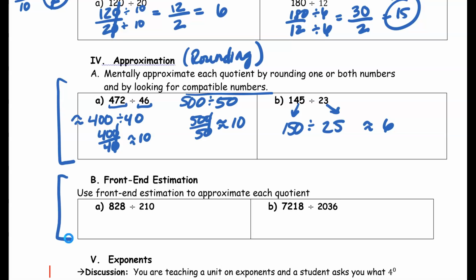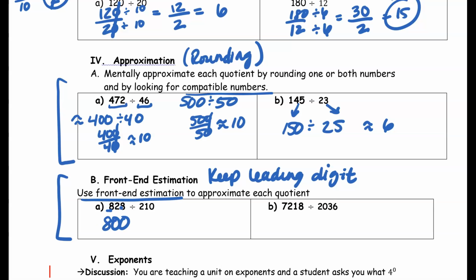In the second part, we're asked to use front end estimation. That means keep the leading digit and make the rest zeros. So this is a rule that we're actually following. This has one right answer. So for this, we're going to do 800, keeping that 8 and keeping the 2, divided by 200.